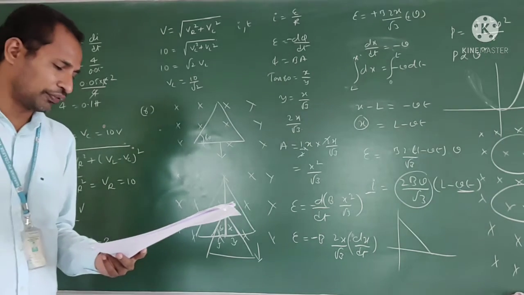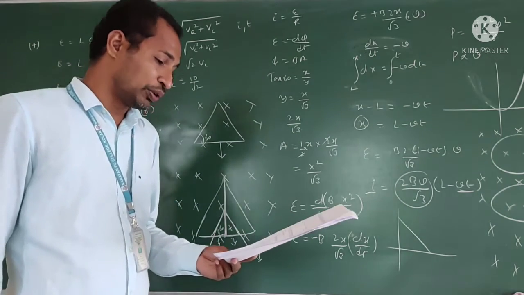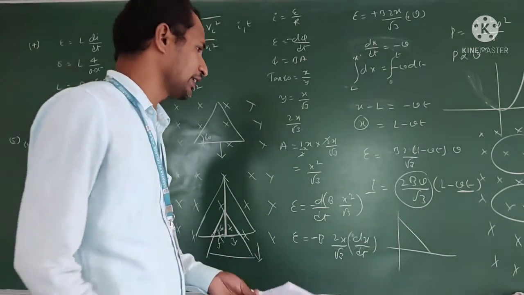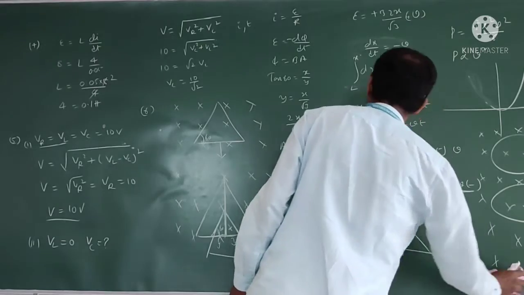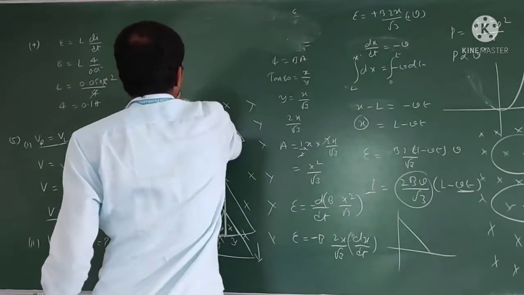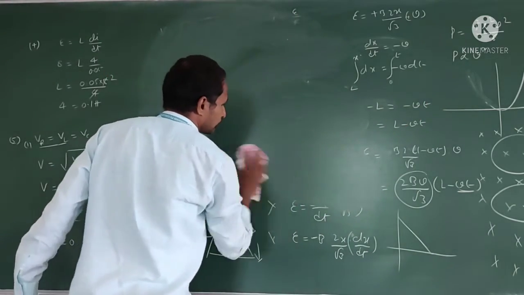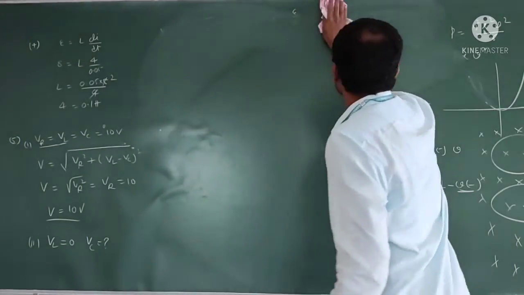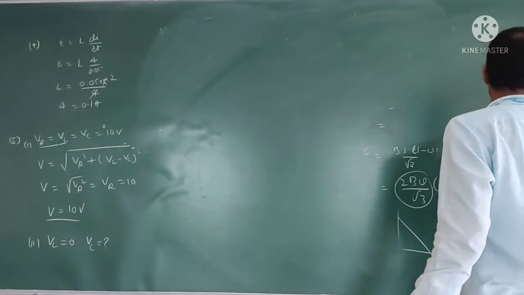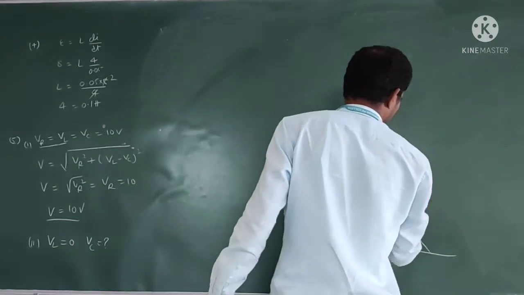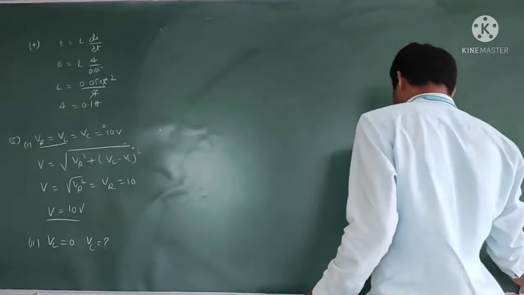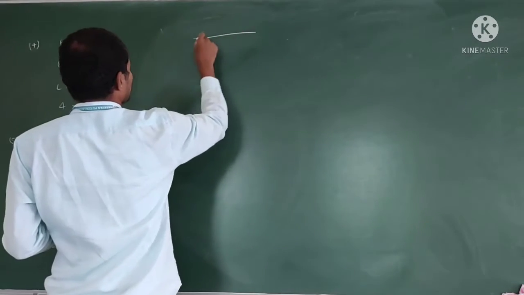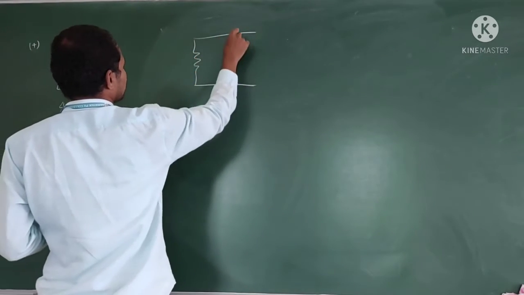Tenth one. A metallic wire PQR in the shape of a semicircle of radius A slides with constant velocity V in a uniform magnetic field of induction B shown in the figure. Find the induced current in resistance R. Okay, the situation given is actually like this.